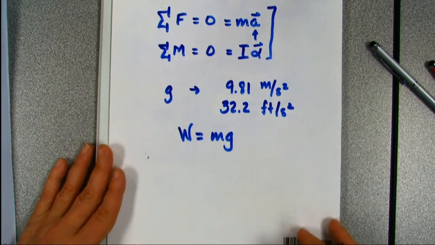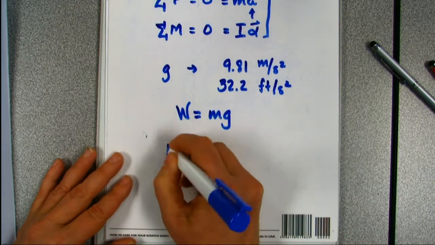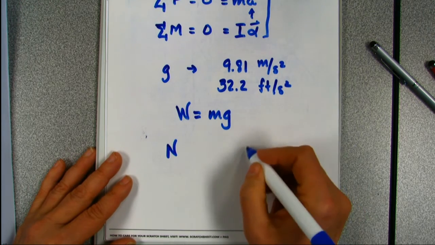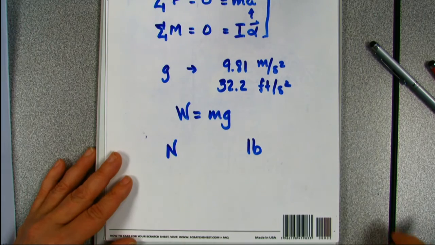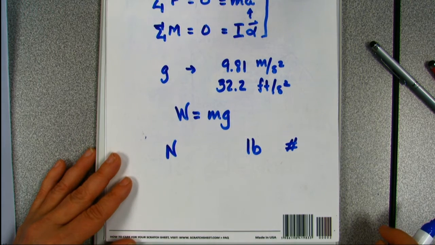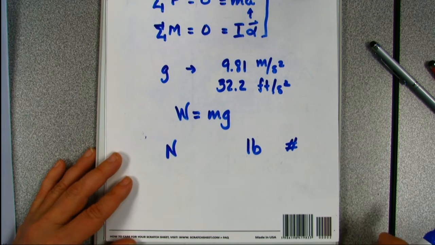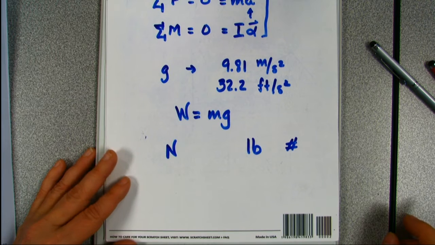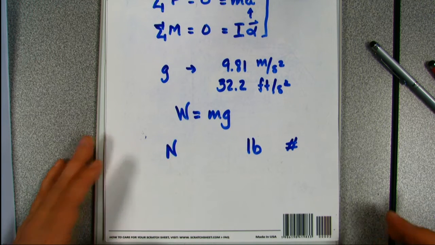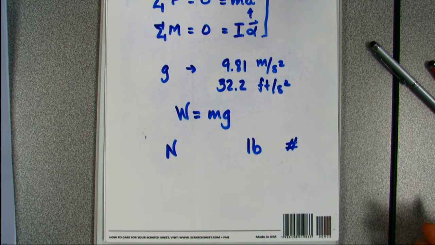Our common units are newtons for forces, for SI, and pounds for my common units. And you will also see pounds written like this. And later on, as we get into certain things, you'll also see another set of units that'll come up when we're talking about massive amounts of things.